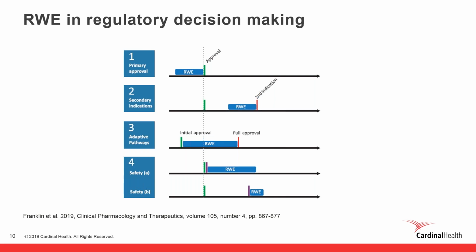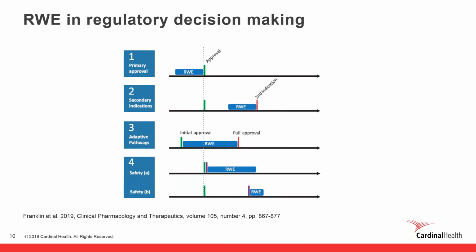So in the first case, it's really using RWE to support primary approval or traditional approval of an original application. And so a scenario by which this could actually transpire is if you had a clinical program where the confirmatory trial was based upon or had a single arm within that trial, you could use real-world data to construct an external cohort that could then be used for comparison purposes to the clinical trial data and ultimately determine the efficacy of the product.